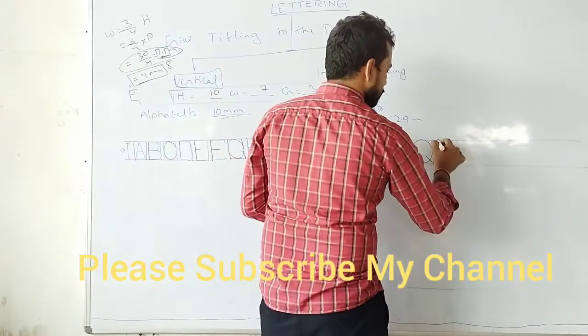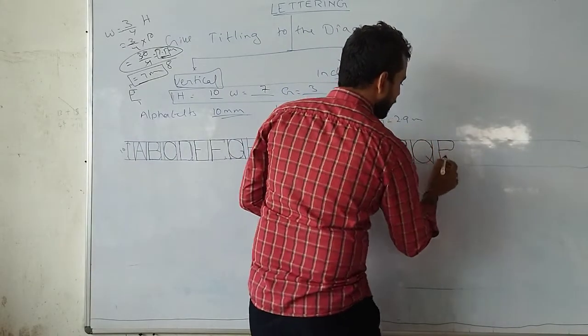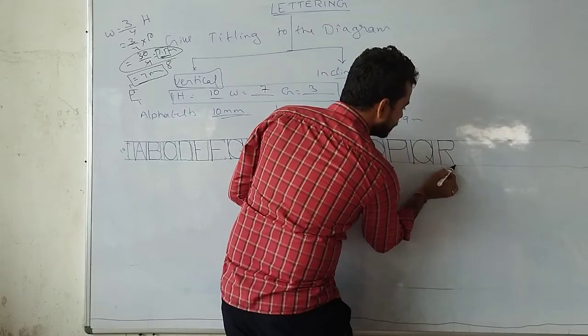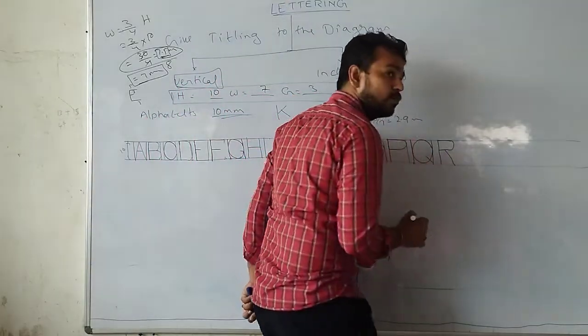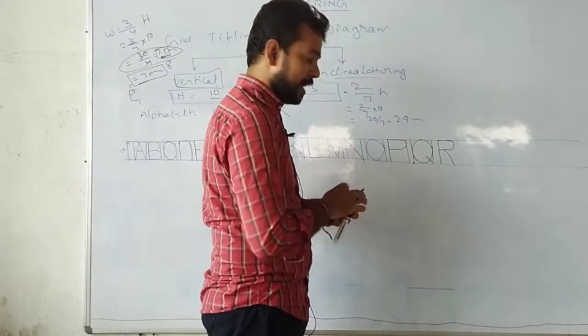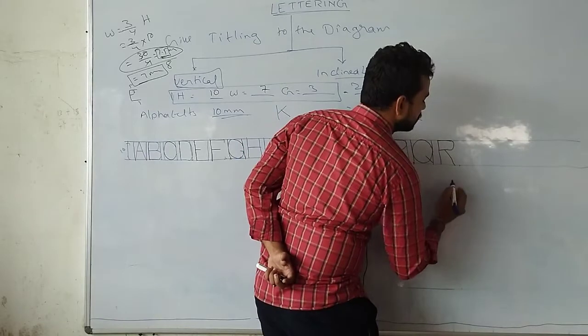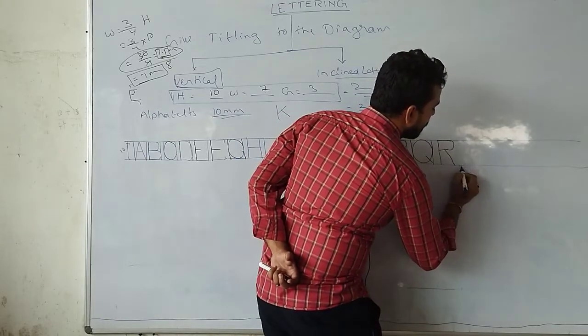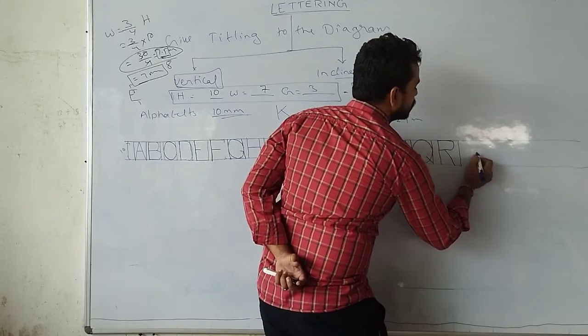Next, R. First of all, draw P. Next, from the middle, you join it like this, up to 7. Next, S, the most important and most confusing one. From an exam point of view, you can expect this. Take a 3 mm gap from L and take 7. Draw this box.